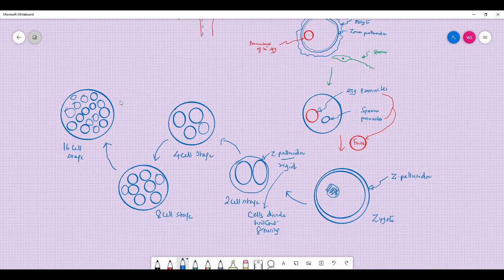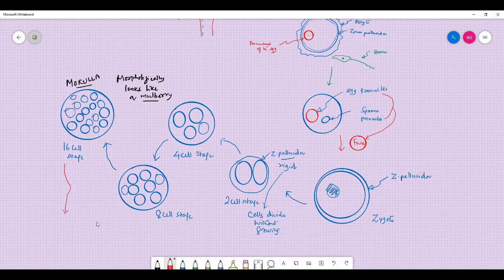This 16 cell stage morphologically looks like a mulberry. Okay. So this is called a morula. Morula means mulberry.